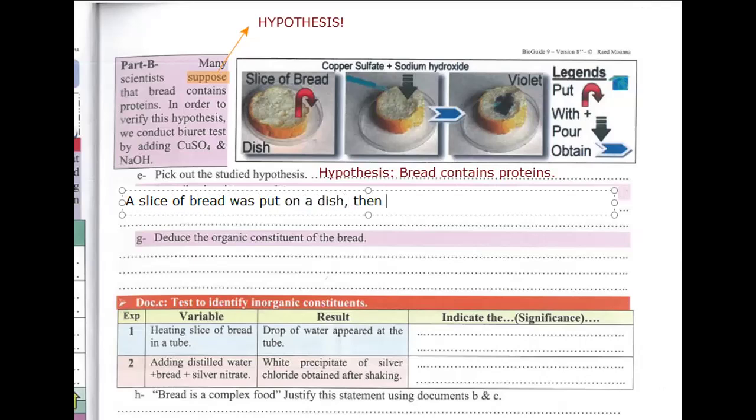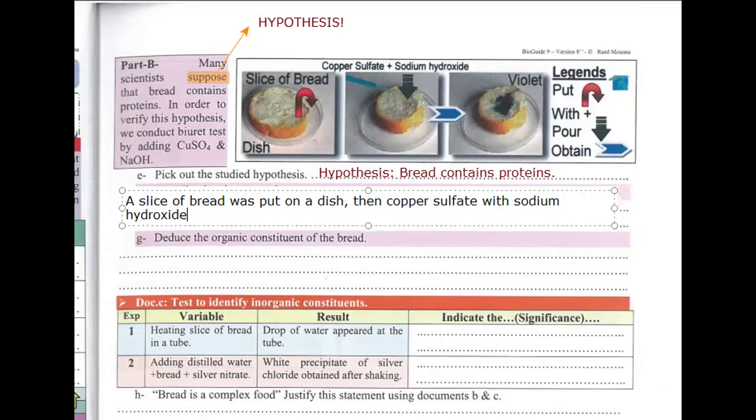Then they didn't immediately say, they didn't say directly هيك biuret test، لا، they said copper sulfate plus sodium hydroxide. والblack arrow هو pour. Then copper sulfate with sodium hydroxide were poured on the slice of bread.